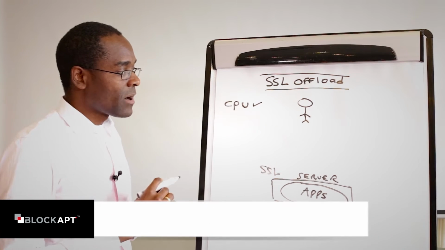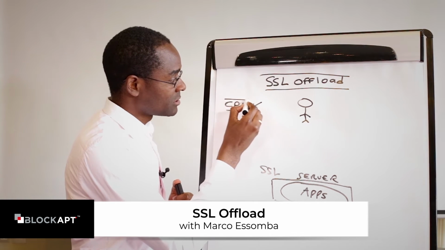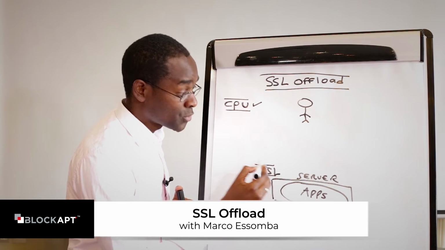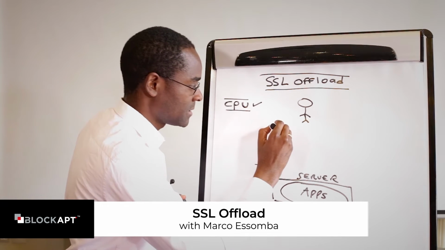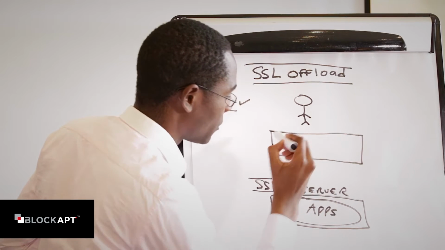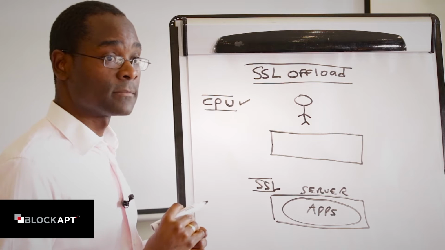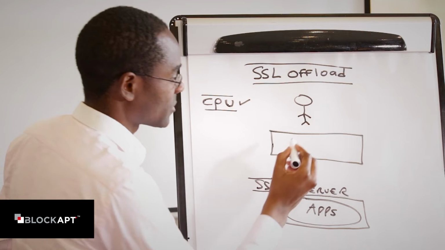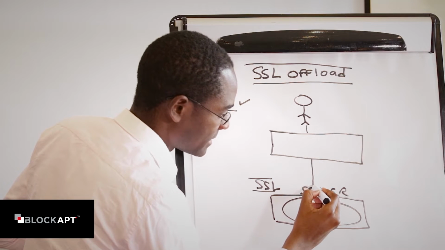So we need to find a way to offload this heavy crunching of SSL onto another device. And that device is usually called my SSL offloader or my application delivery controller, and that's going to sit between the client and my backend system.